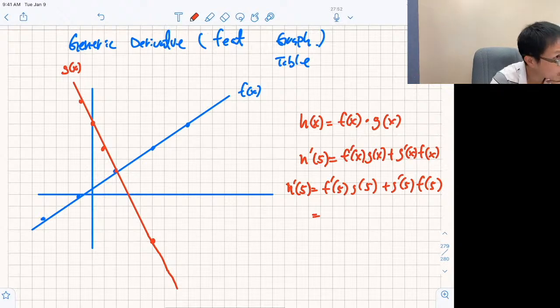Now what's f prime of 5? If I have a graph there, how do we use that graph? 2 over 3, good.